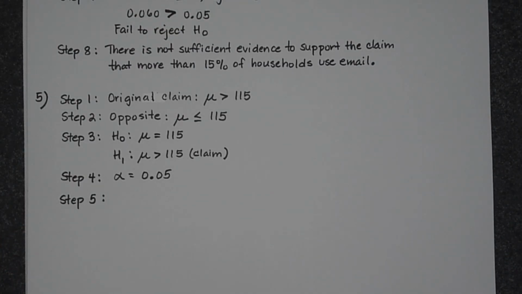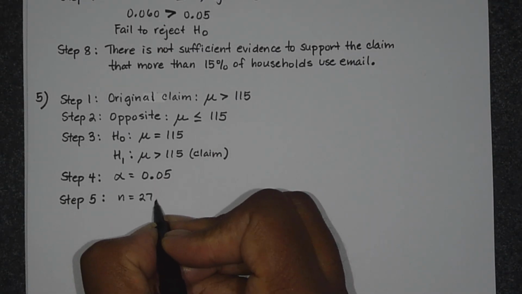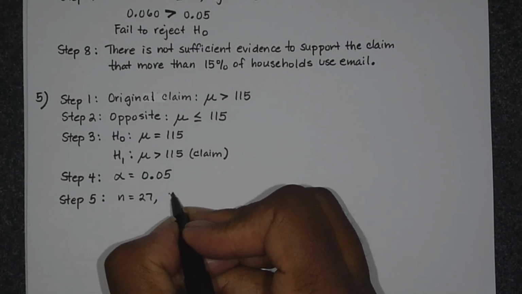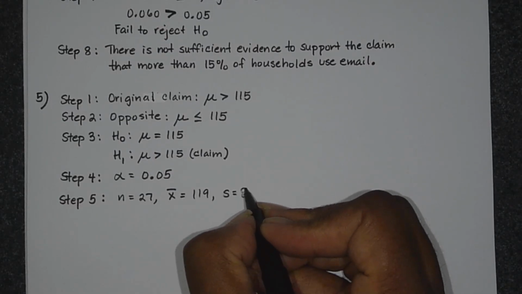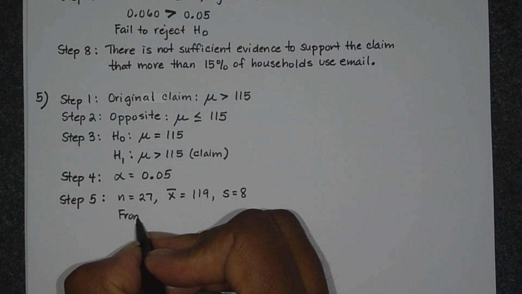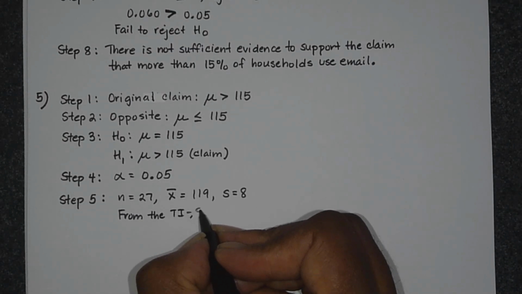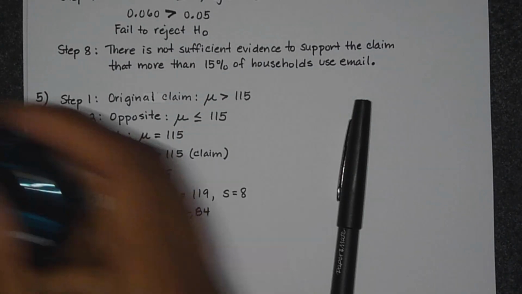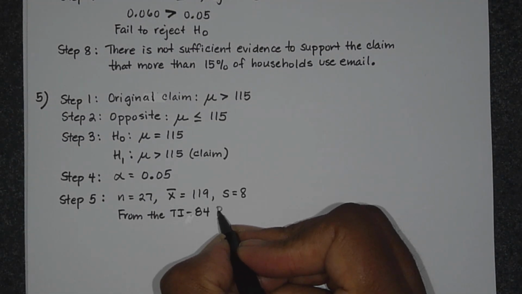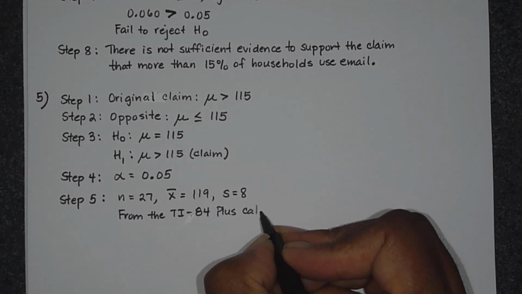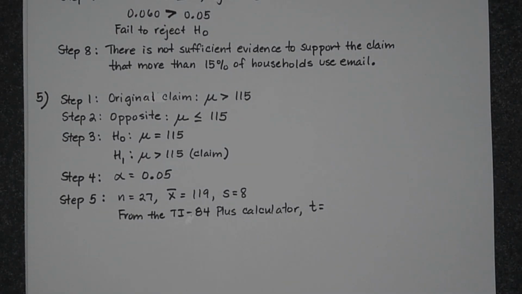And step number 5, we have a sample of 27 statistics professors with a sample mean of 119 and a sample standard deviation of 8. So from the TI-84 Plus calculator, since we're testing a claim about a mean, we have to come up with our t-test statistic.